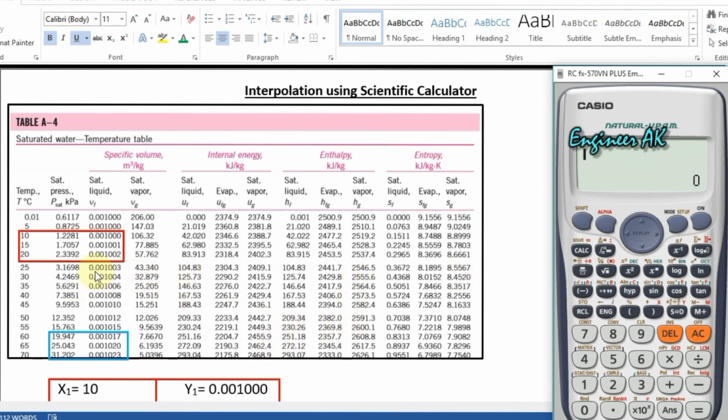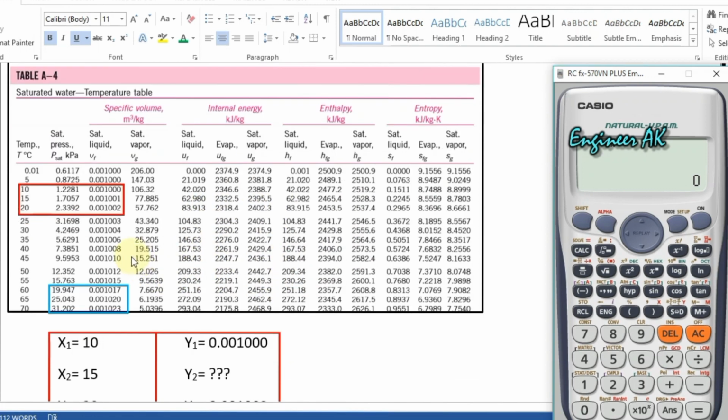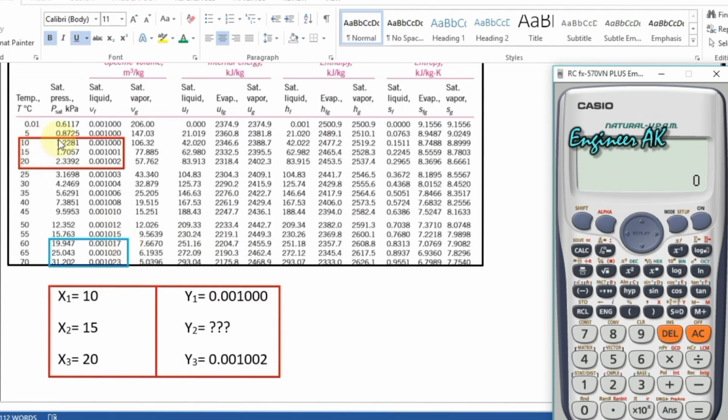So let's suppose this is a steam table of thermodynamics, and let's suppose I am taking this red block. These are the temperatures: 10 degrees centigrade, 15 degrees centigrade, and 20 degrees centigrade.